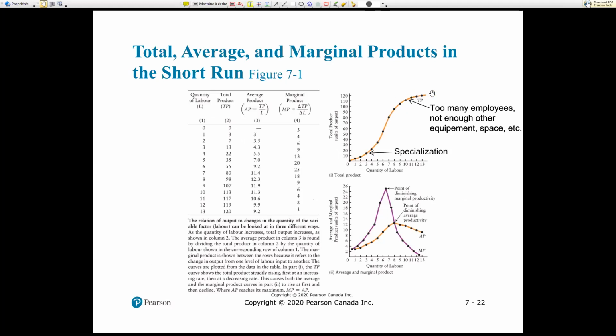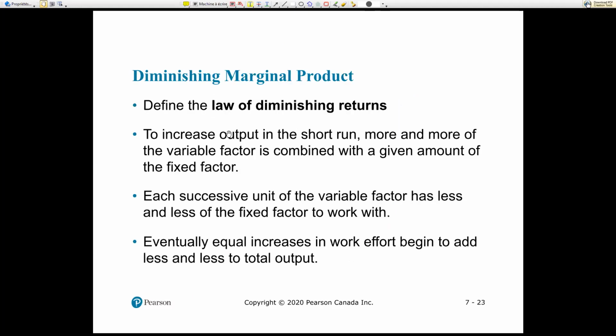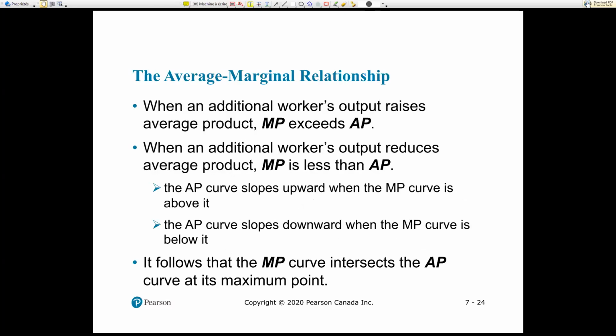At some point, I'm going to run out of things to do with my extra workers. Since the other factors are fixed, I cannot increase my output a lot with each successive worker. Each extra unit of variable factor increases output less and less because they don't have a lot of fixed factor to work with.